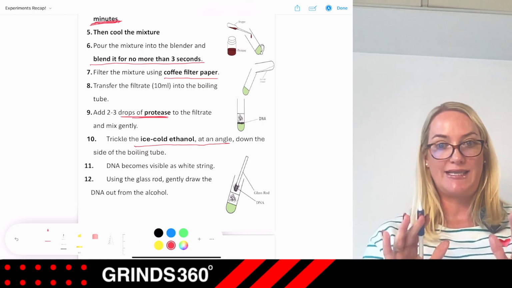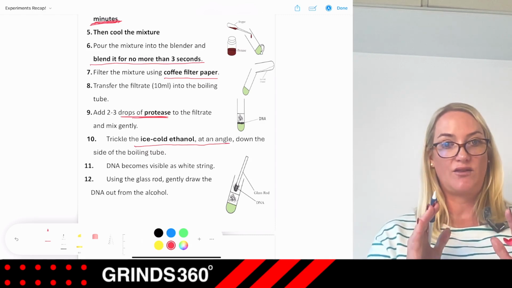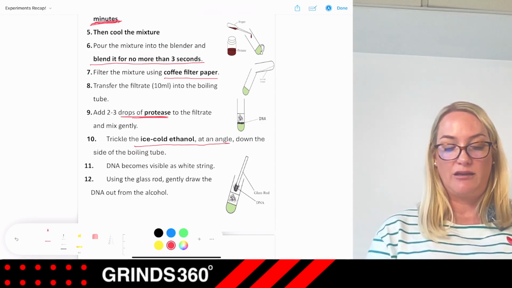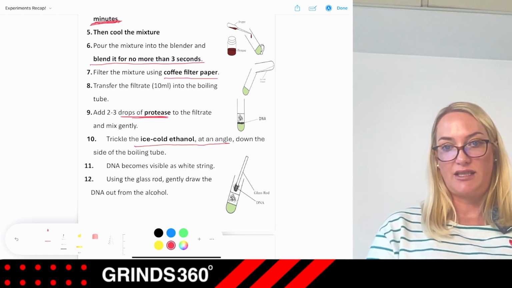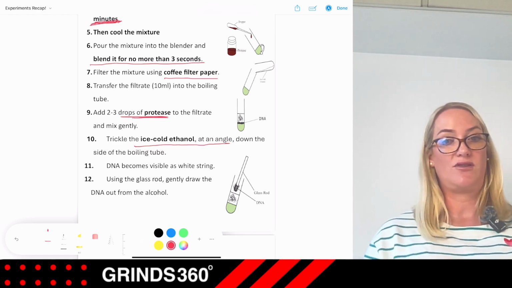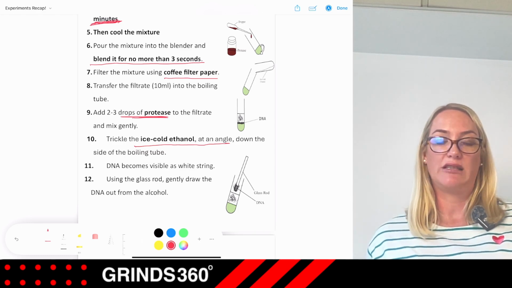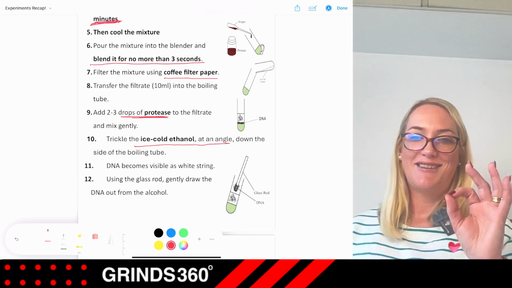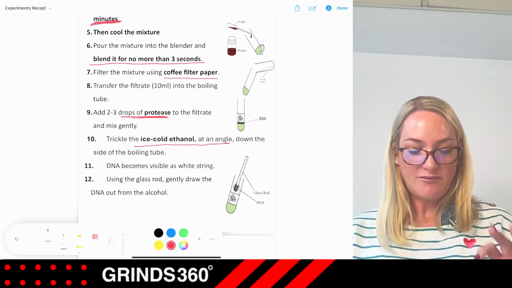You can see how they are very strict on some things. So the student had to have mentioned ice cold ethanol trickled down the side of the test tube. That was their 2 marks. If they said ice cold ethanol added to the test tube, 0. They got no marks for that.